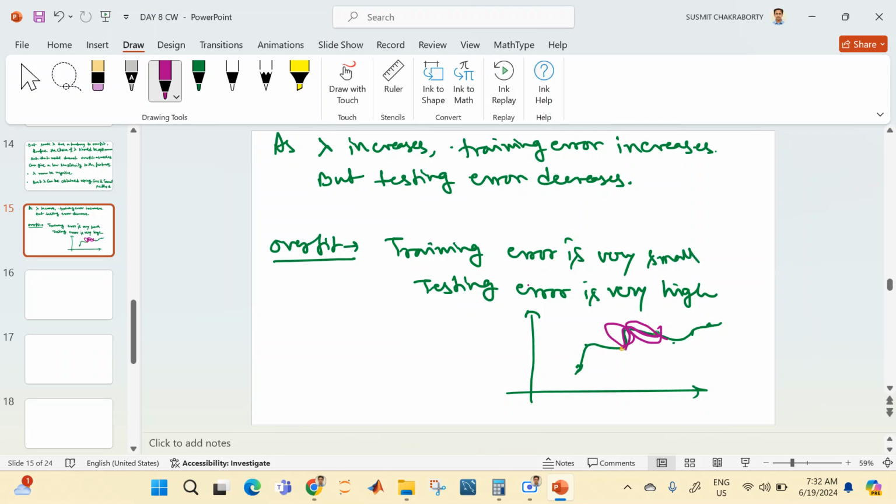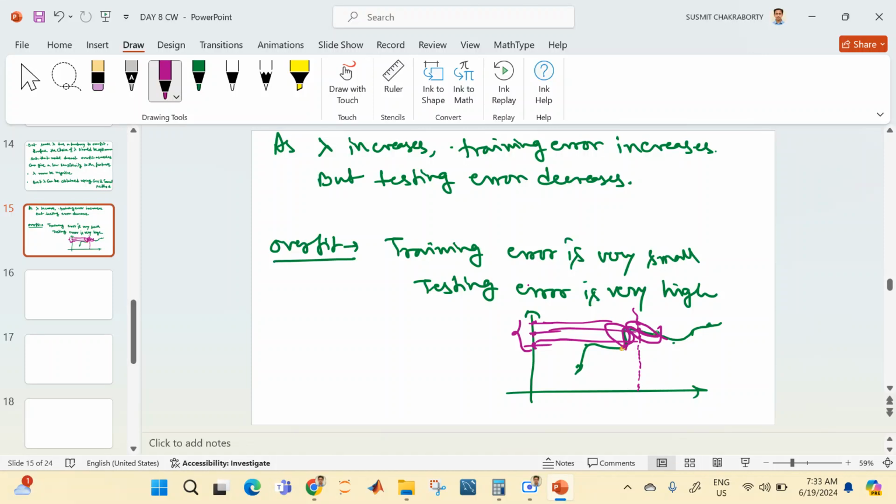But by using several lines, what should be the value of prediction here? It may be here, it may be here, so there is no specific prediction. Three or four different values we are predicting. That is the training phase error. In between these there may be one value, and it is called the testing phase error.